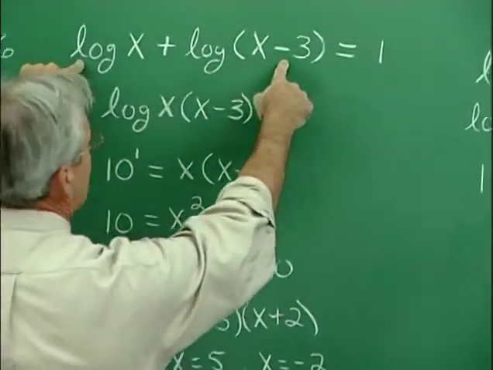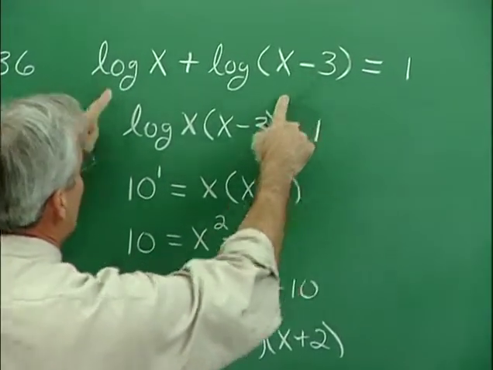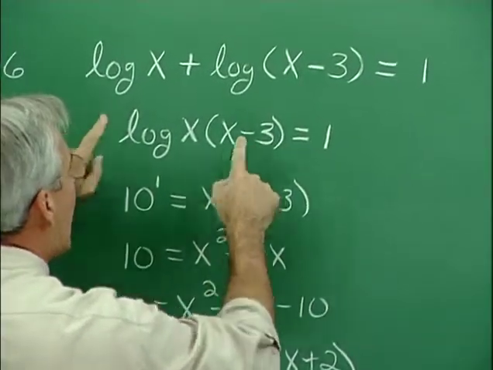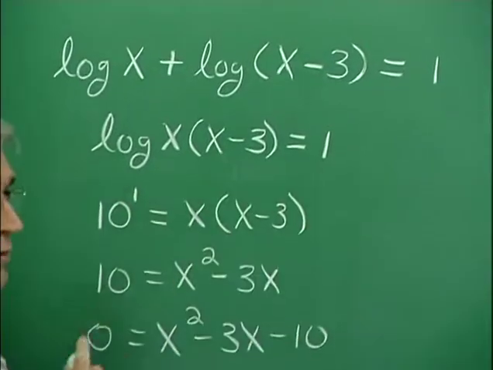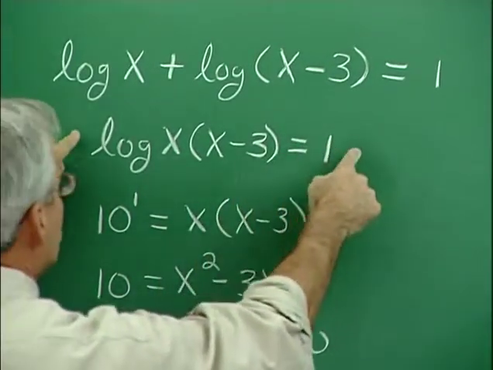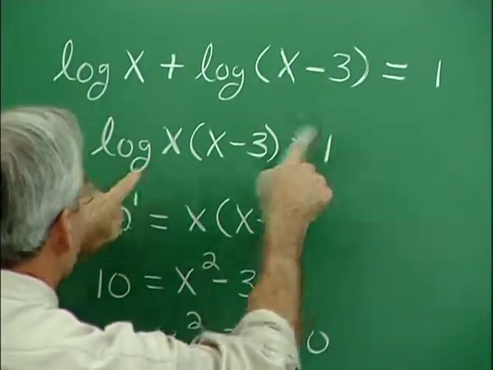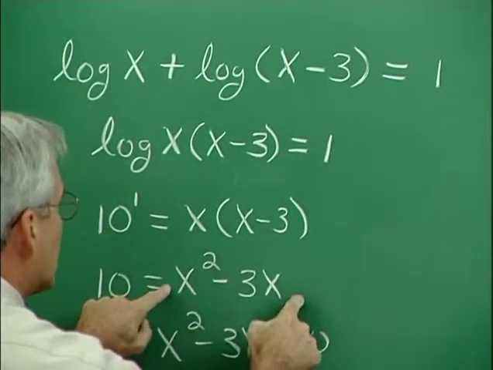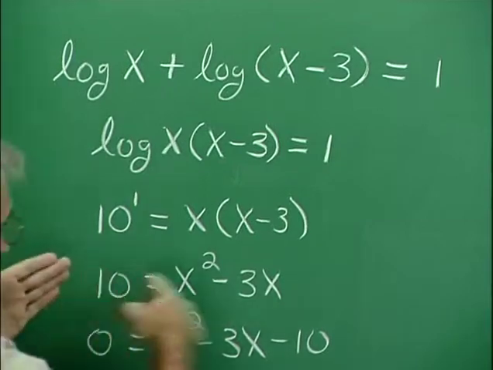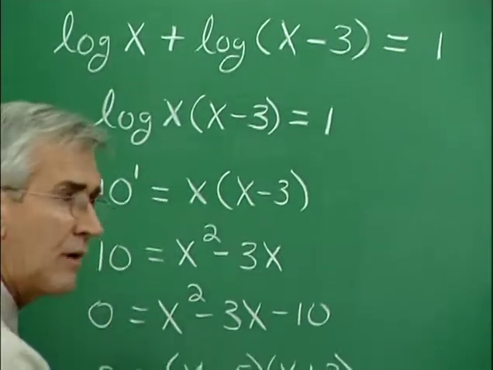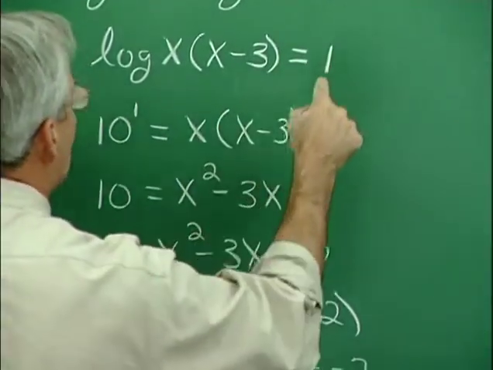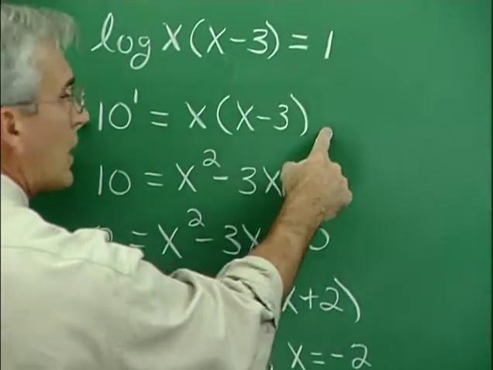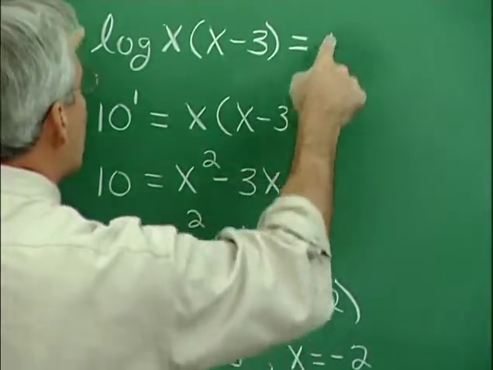So here we're combining these two by using our product property, and now we go right into that exponential form. So the exponential form, base exponent, so 10 to the 1 is equal to this product. And now this product turns out to be quadratic. So we have a quadratic equation. This is what I was talking about, that when we go from log form to exponential form, we change the form of the equation.